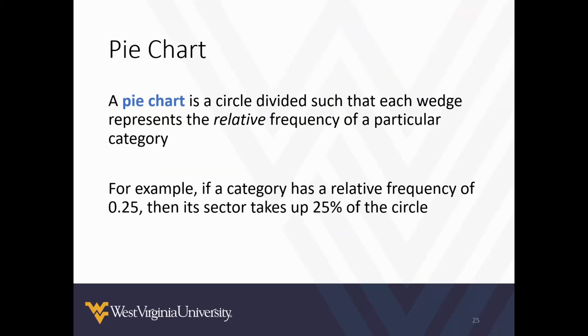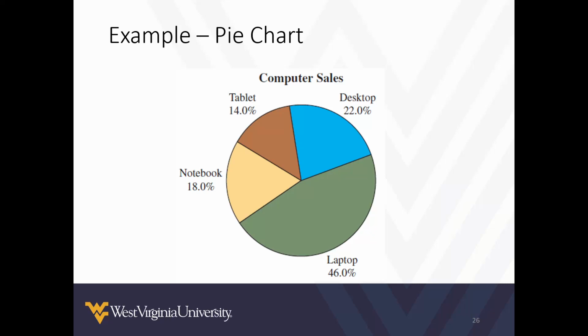So going back to the more familiar, we have pie charts. A pie chart is a circle divided such that each wedge represents the relative frequency of a particular category. For example, if a category has a relative frequency of 0.25, then its section, its wedge, its sector should take up 25% of your circle.